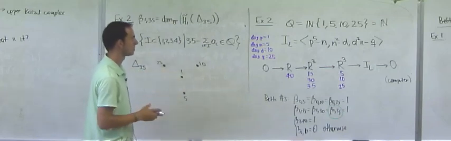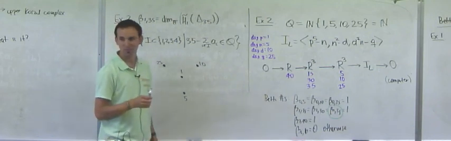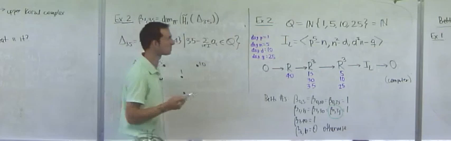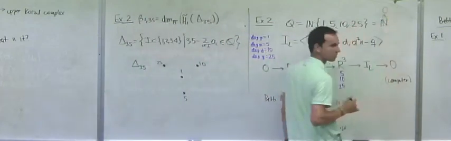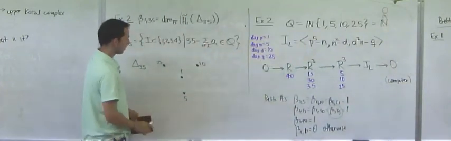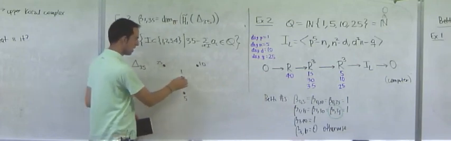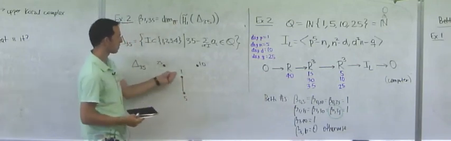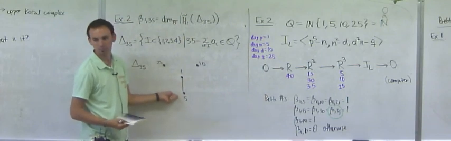Well, remember that 0 is a natural number. It's very important. Okay, so should I put the edge between 1 and 5? Well, I put it if when I subtract 1 and I subtract 5, I'm in Q. And that's true.